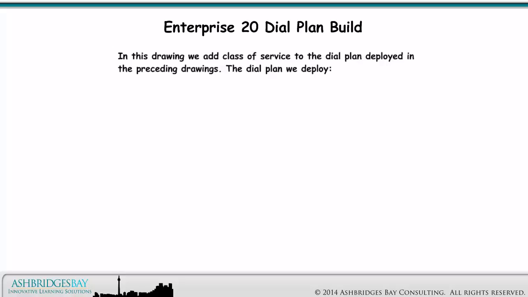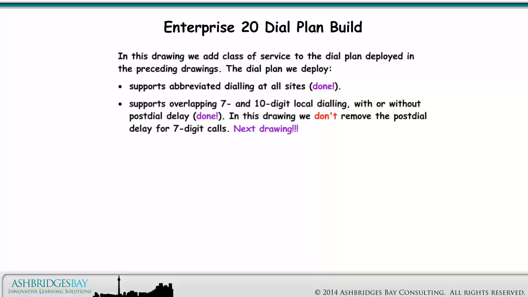In this drawing, we add class of service to the dial plan deployed in the preceding drawings. The dial plan we deploy supports abbreviated dialing at all sites. This is done. Supports overlapping 7 and 10-digit local dialing with or without post-dial delay. Also done. In this drawing, we don't remove the post-dial delay for 7-digit calls. We'll do that in the next drawing.